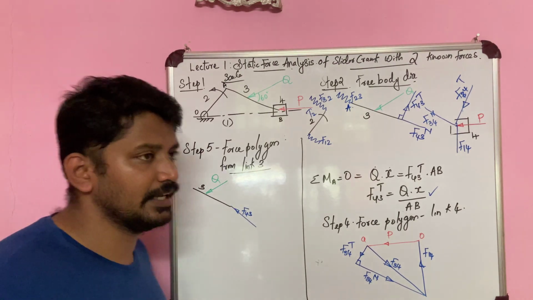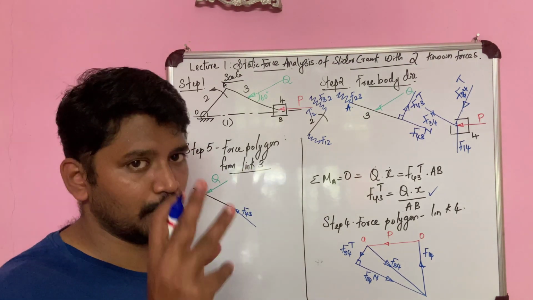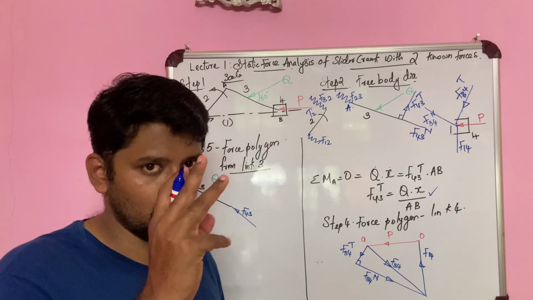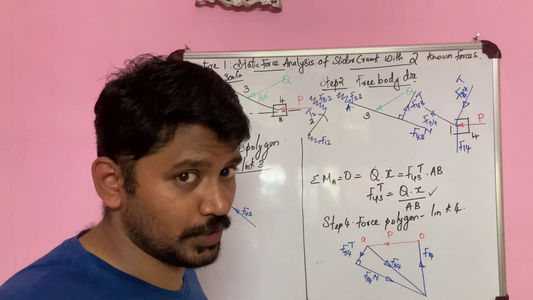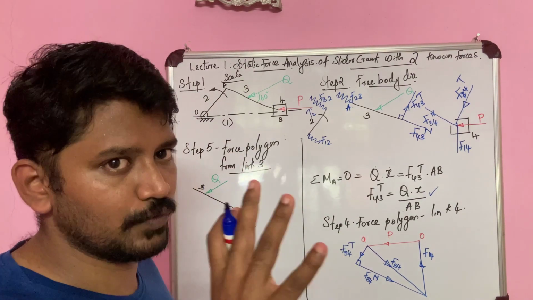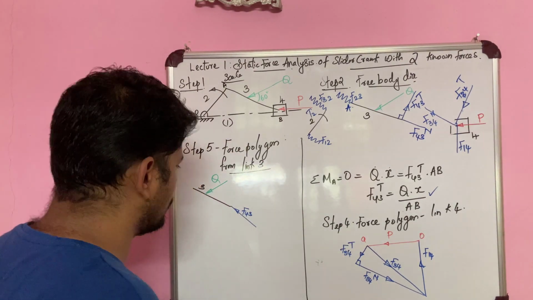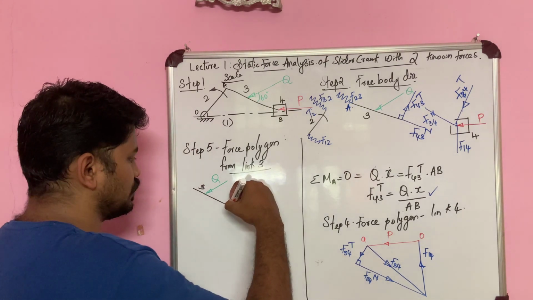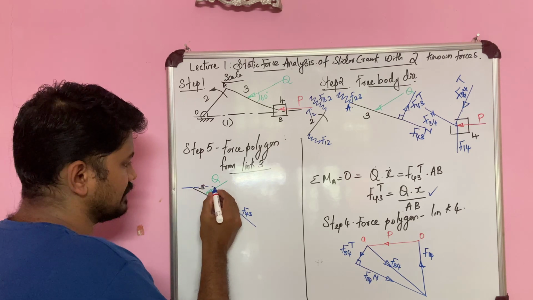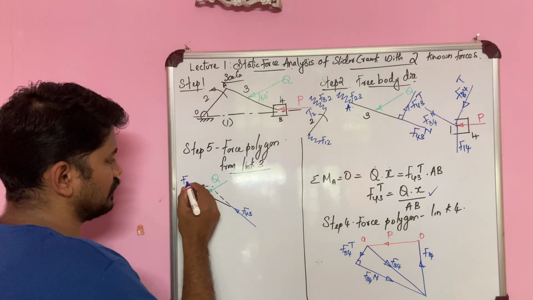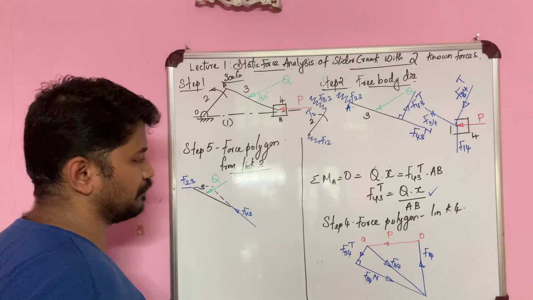What did we study at first itself? Whenever a member is acted upon by three forces, all three forces converge together at one point and the resultant of all the forces is 0. So I know that this will all converge at one point, and I also get the line of action of f23.